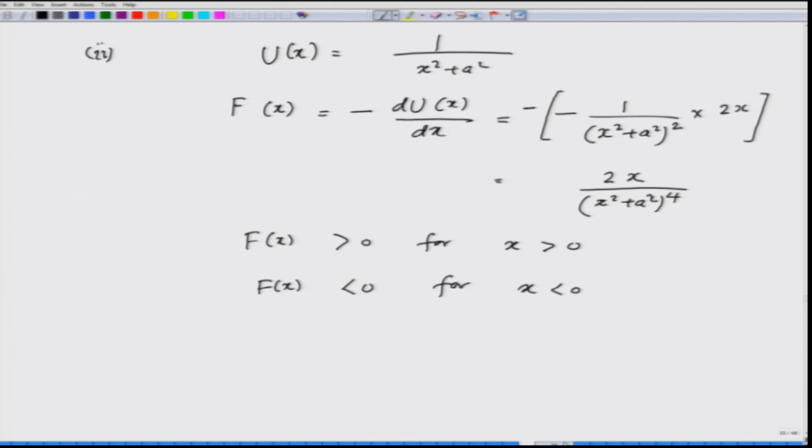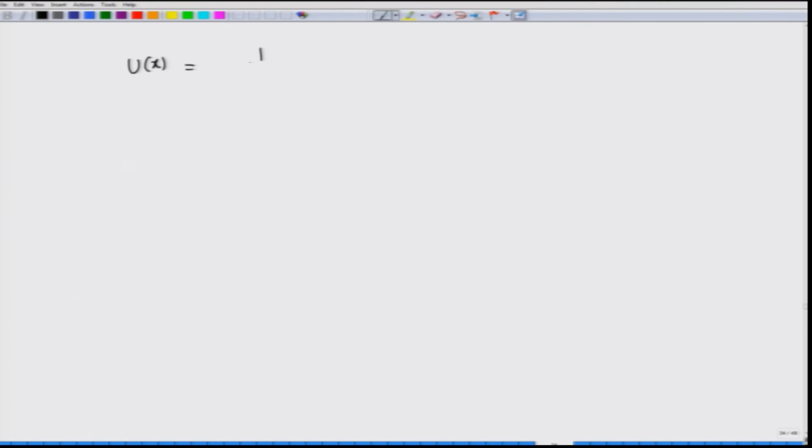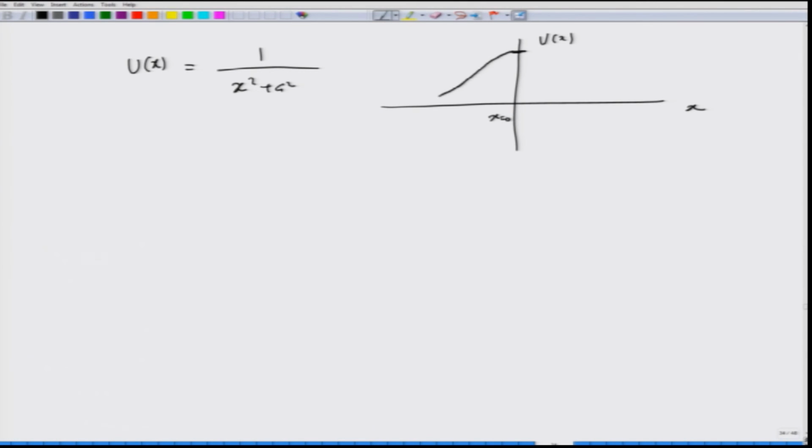Let us look at it from the plots. If I were to plot U(x) equals 1 over x squared plus a squared, the potential is maximum at x equals 0 and it goes down like 1 over x squared far away. So, this is 1 over x squared plus a squared, and the force is 2x over x squared plus a squared, whole squared.